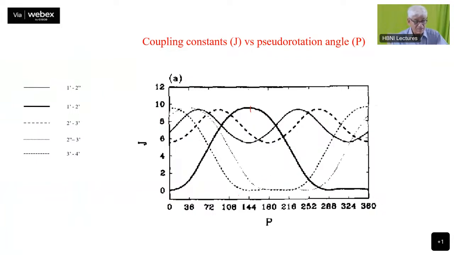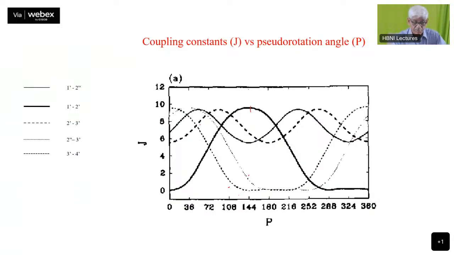Now similarly, look at these ones here: 2'' 3' and 3', 4'. In the C2' endo geometry, that is in this area, both these couplings are very small, so you will not see these cross peaks.